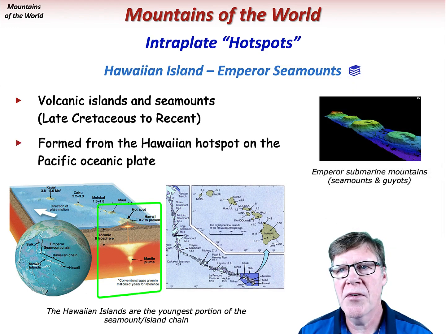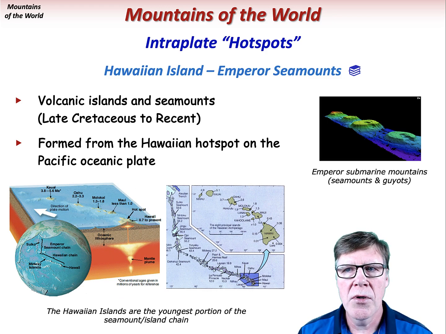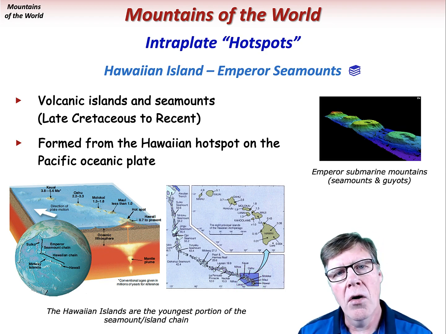With movement of the Pacific Plate over this mantle plume, additional volcanic islands formed, with the older volcanic islands eventually subsiding beneath sea level. The latest of these volcanic islands are the present-day Hawaiian Islands, from Kauai to the Big Island of Hawaii, and all are less than 6 million years old.